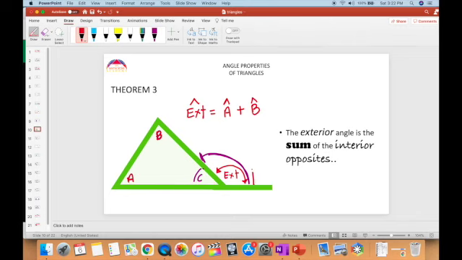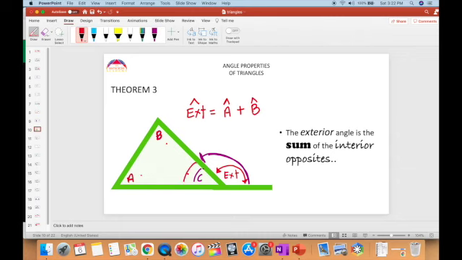Isn't this 180 degrees? Yes, sir. So if I cut this angle out, I would just be left with this section over here. So this section will be 180 minus that C. But all the three angles inside is also 180 degrees.